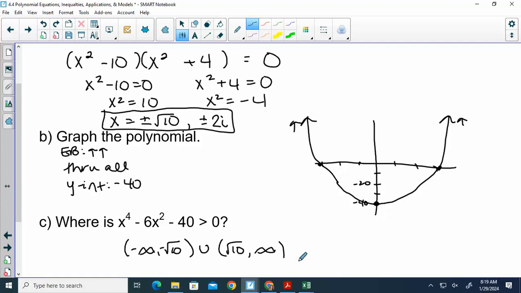Negative square root of 10 to positive square root of 10. Perfect. Any questions on those?